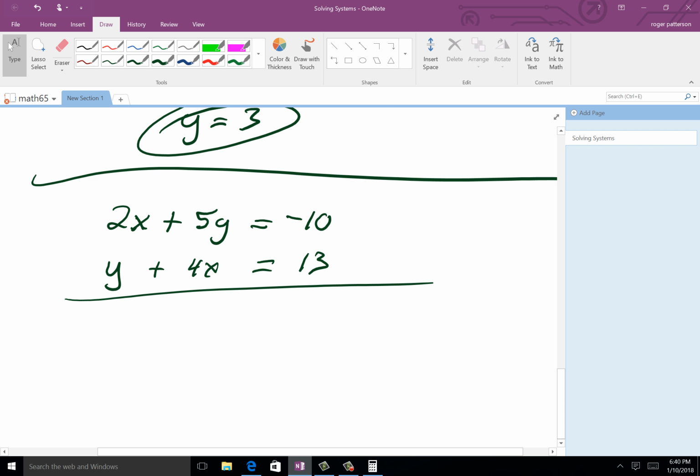Also, they have some where they put it in this form.